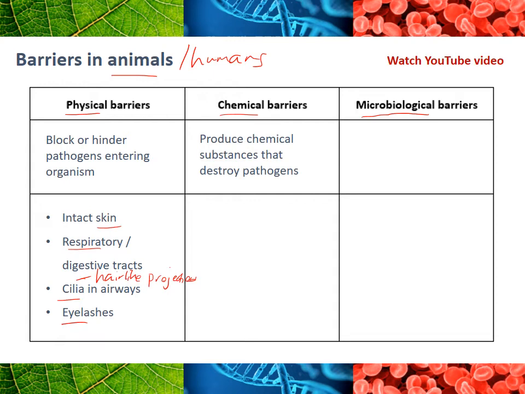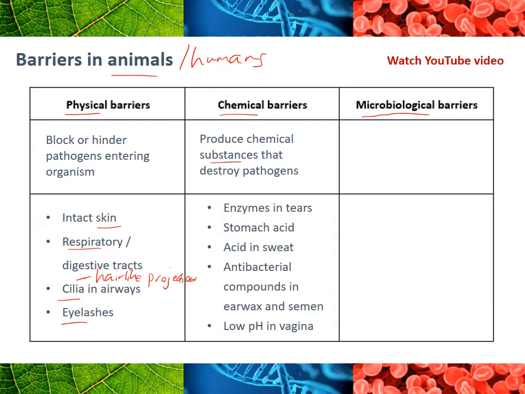There's chemical barriers, which are chemical substances, and rather than just stopping something entering, their job is to actually destroy pathogens. Okay, so some examples are the enzymes in our tears. Okay, again, if you've been in like a dusty environment and your eyes start watering, that's because your body is sensing things that are causing sensitivity, and those tears are to try and stop things getting into your body.